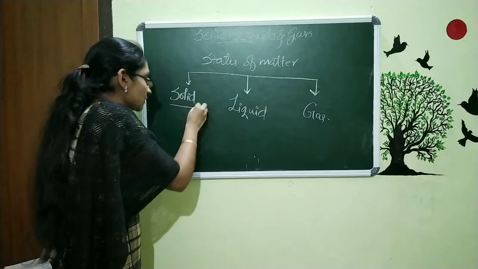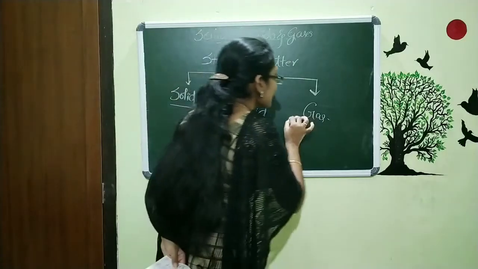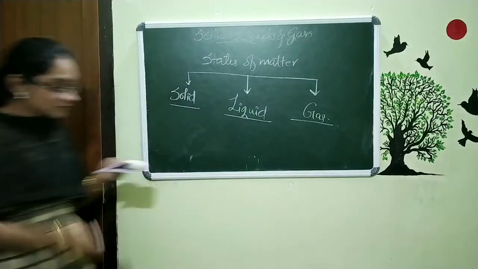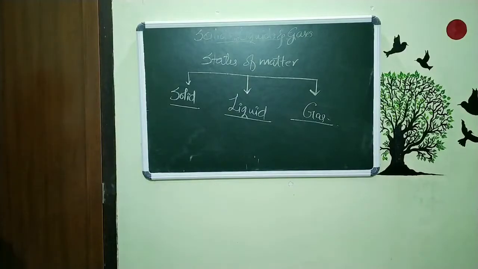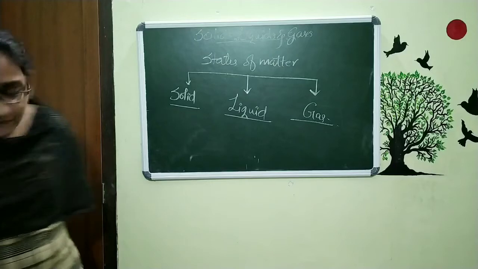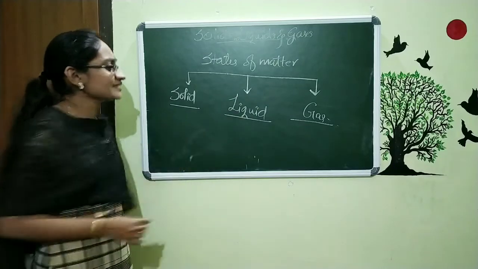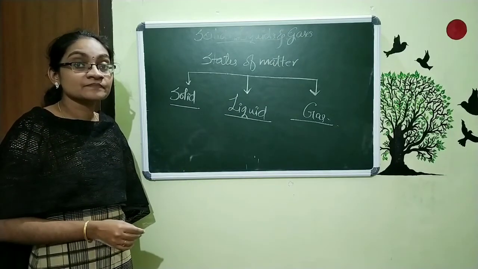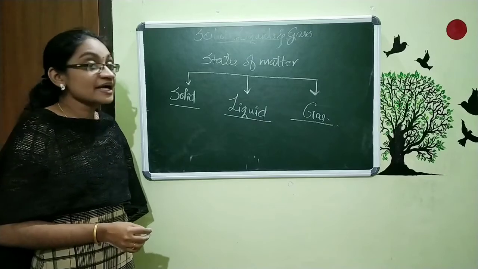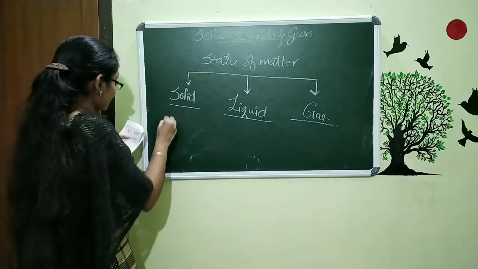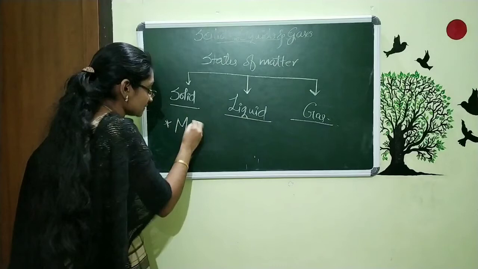So that is solid here, liquid here and gas there. Now we are going to study each type in detail. And actually what is the difference between solid, liquid and gas? How did we classify this? We classified this by considering the molecular arrangement.